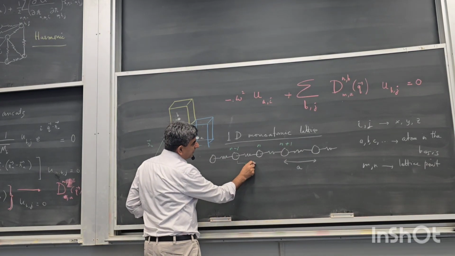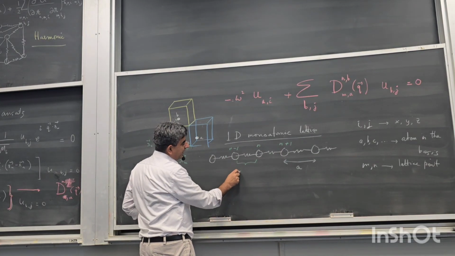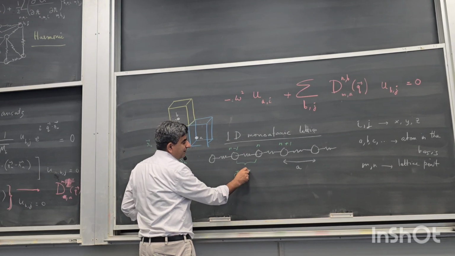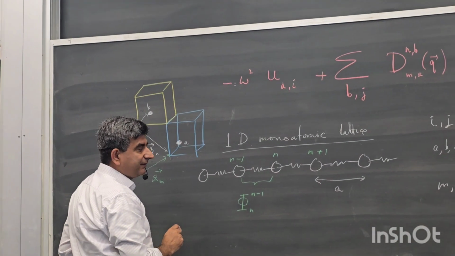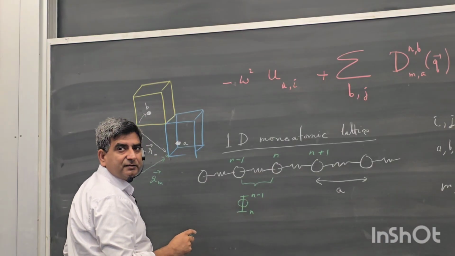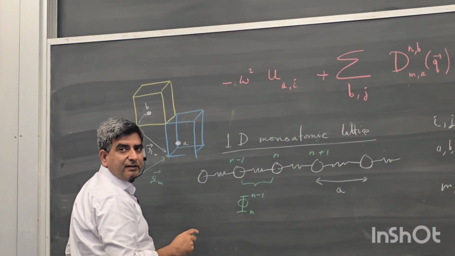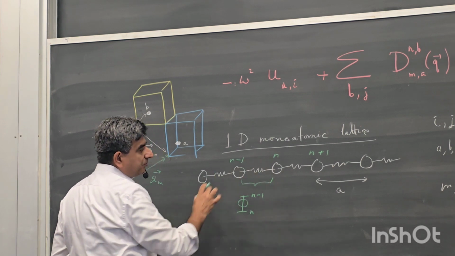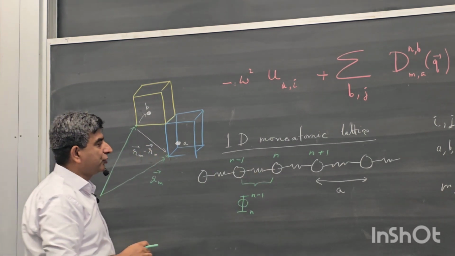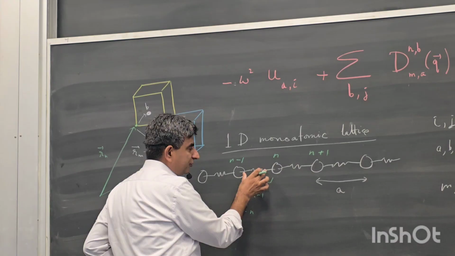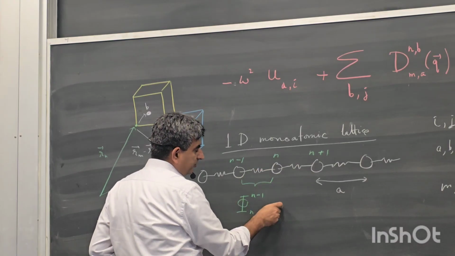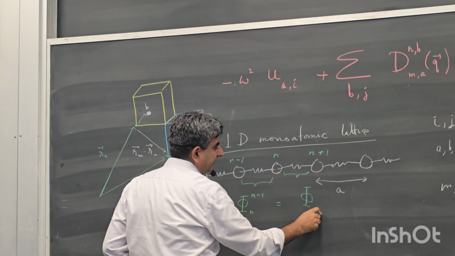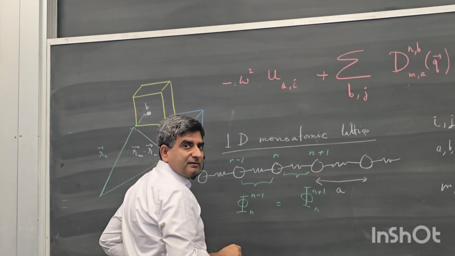So this interaction here, phi N minus 1, is some spring constant K. Could be proportional to K, some kind of strength of this bond. There's going to be the strength of this bond here. So this term is going to be equal to this term, phi N interaction with N plus 1.